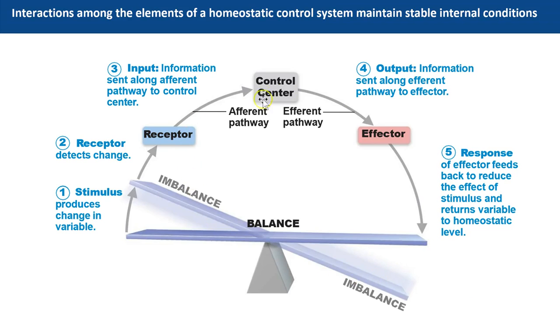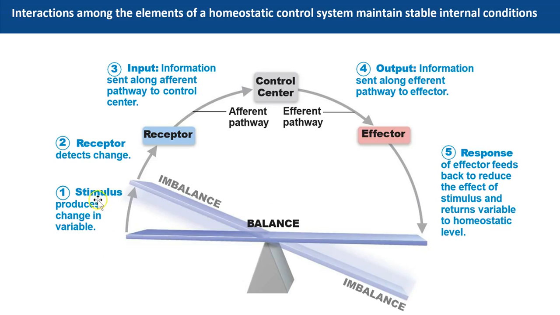In this picture, you can see all of the components of the homeostatic control mechanism, which we defined: the receptor, control center, and effector.